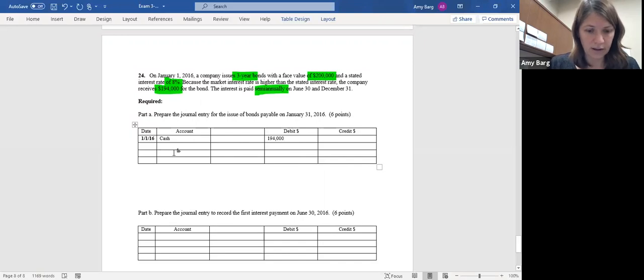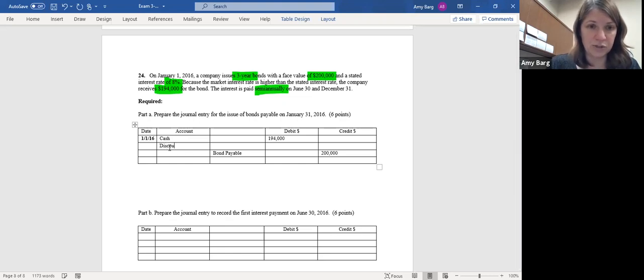And we know that we issued a bond payable for $200,000, right? Because that was the face value of the bond. So 194, 200,000, these things don't match, right? We need them to match. So we can see that we need more on the debit side, right?